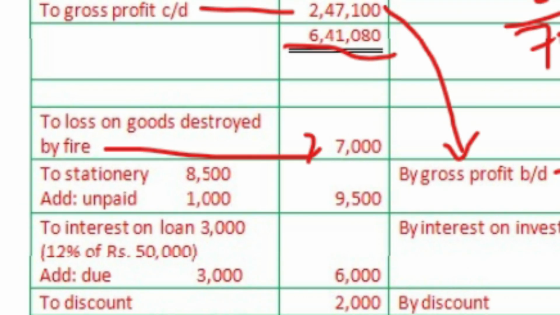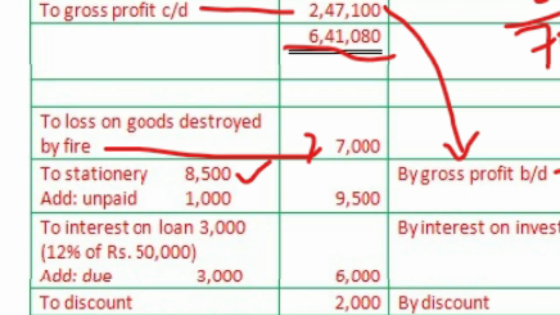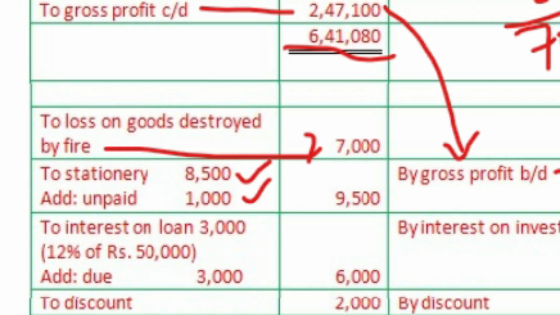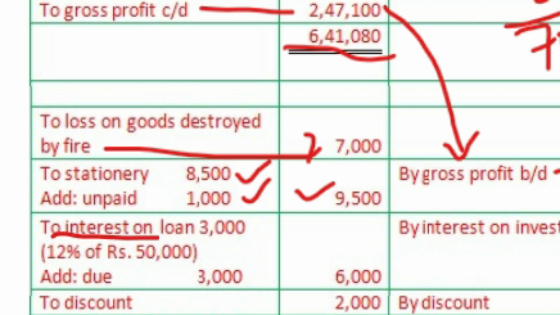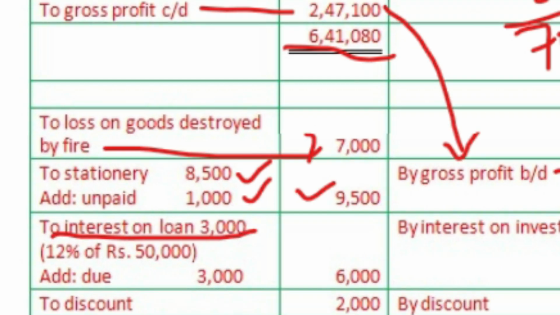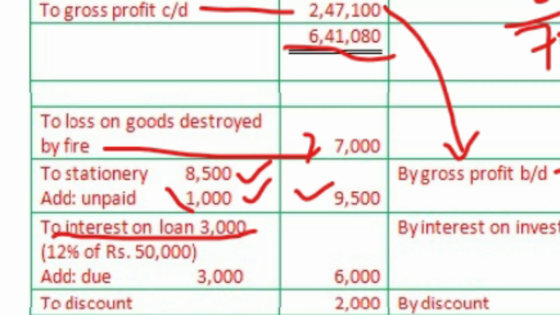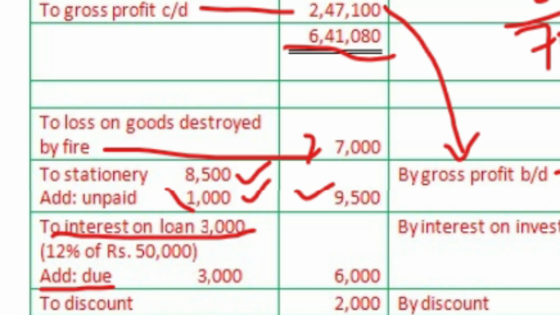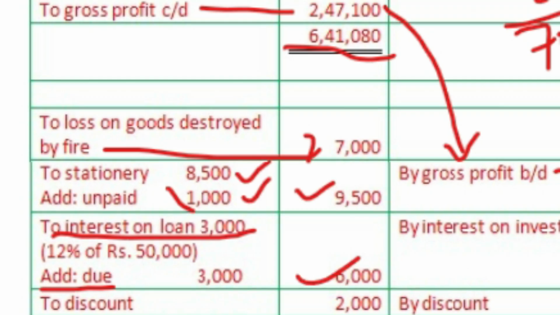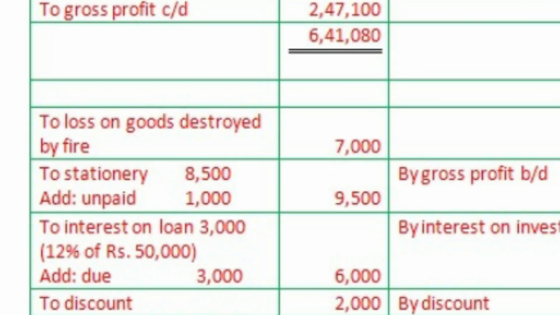Then stationery is given in the question as 8,500, and in adjustment number 5, the unpaid amount of stationery is 1,000, so the total is 9,500. And interest on loan: 3,000 is given in the trial balance, and still 3,000 is outstanding, so the total is 6,000, and the total expense on interest on loan is debited to the profit and loss account.